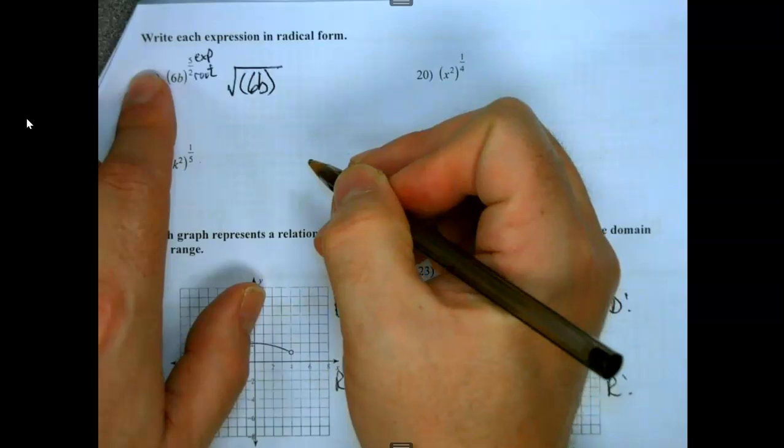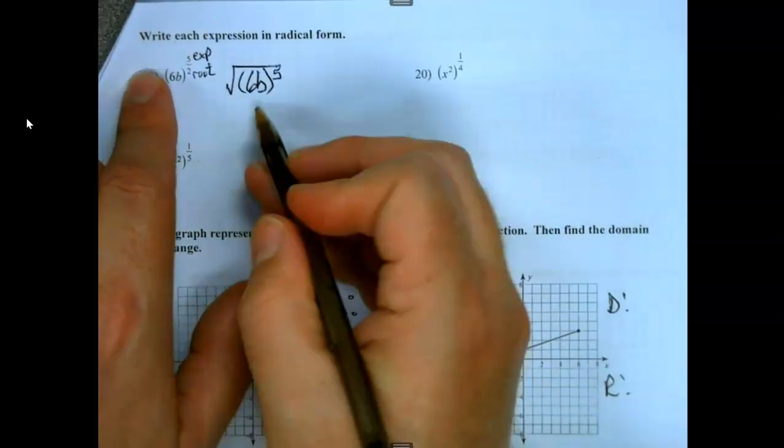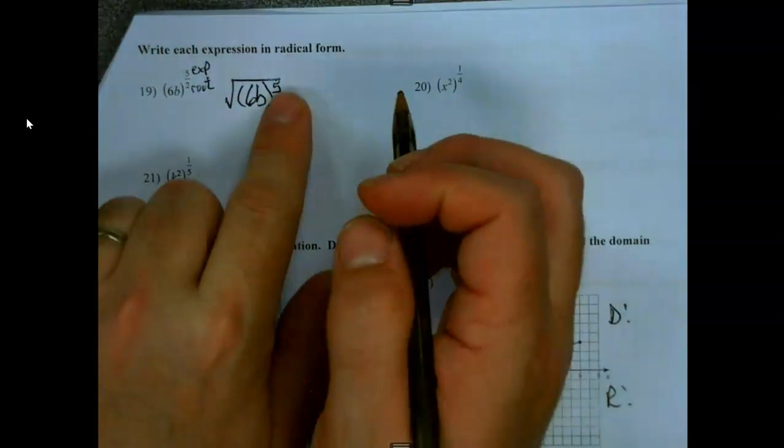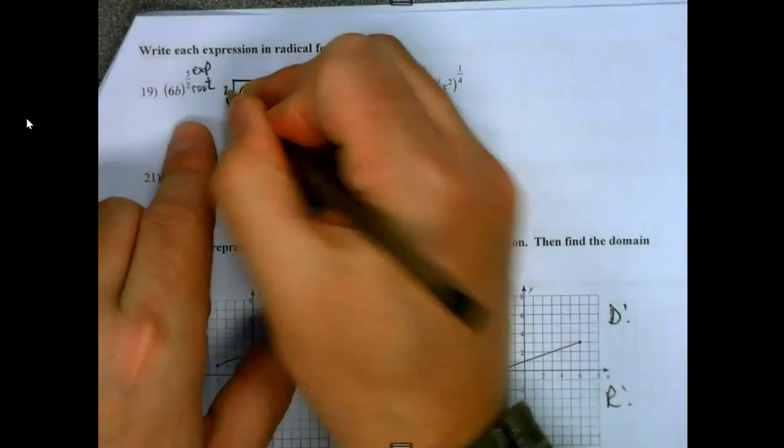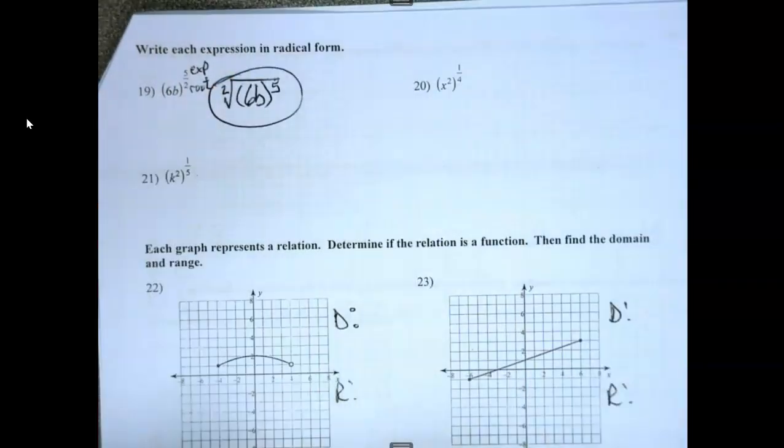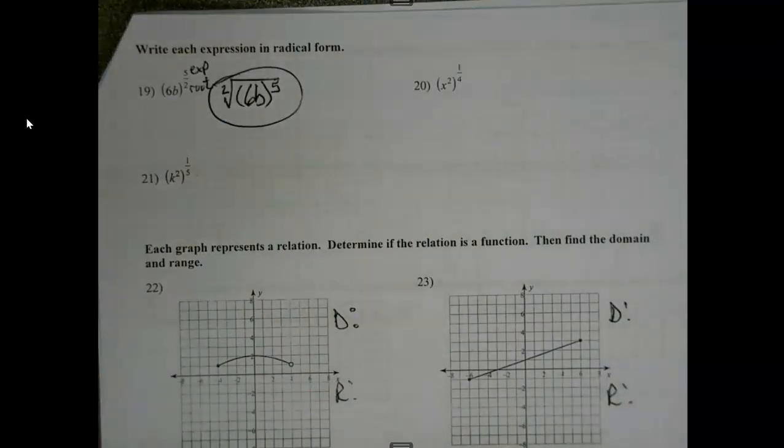The bottom number is still my root. As long as I have the parentheses. There's my exponent. There's my root. Again, not long to get these done. Actually pretty straightforward. And so as I'm doing those, again, follow a couple simple rules, we're going to be all right.